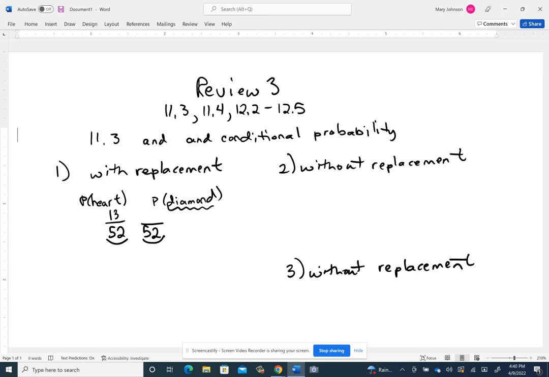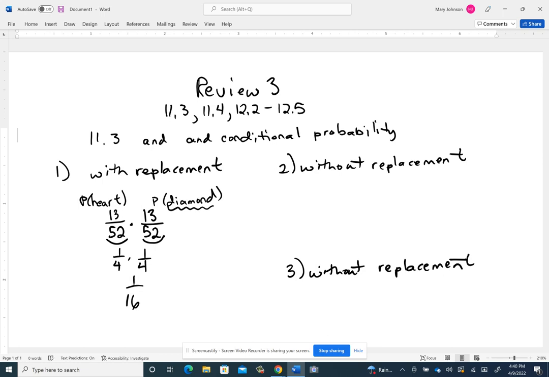The diamonds are completely separate. So you kind of assume you got a heart on the first one, but that doesn't affect how many diamonds you'd have in the deck. You're still going to have 13 out of 52. Now here you can multiply straight across and then simplify, but 13 out of 52 is 1/4. So we could simplify first. We know the answer should be 1 out of 16.